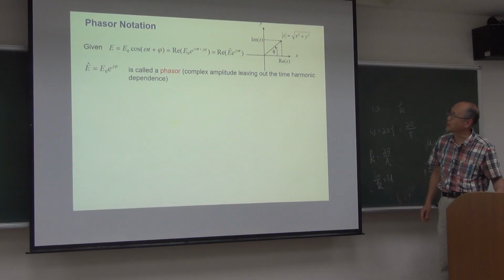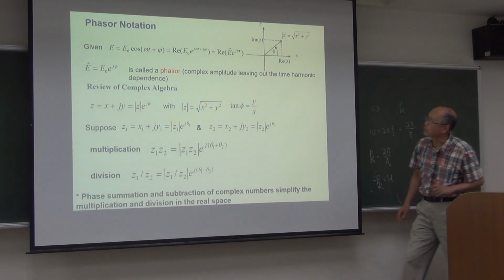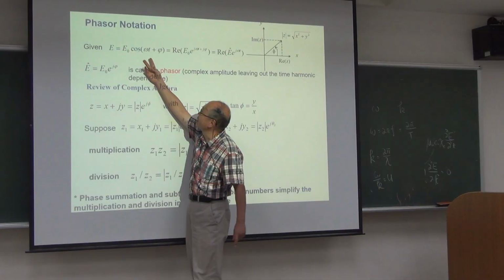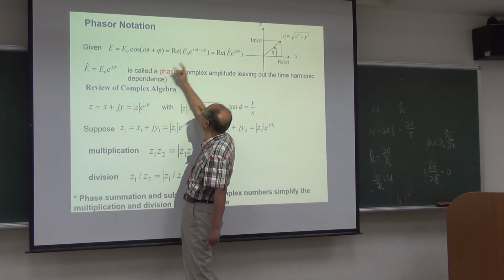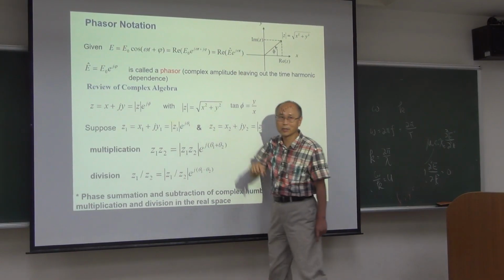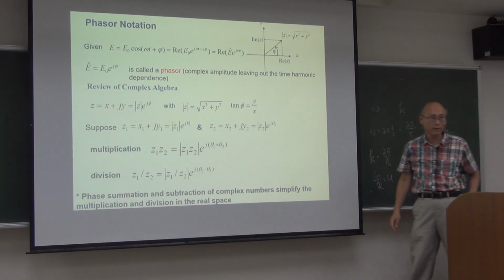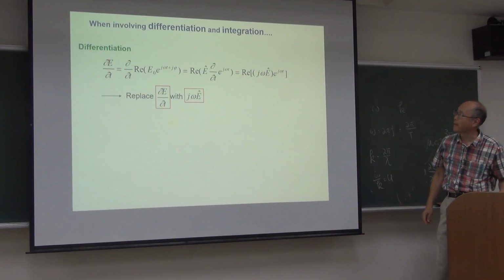We deal with a harmonic wave, and we write the electric field as a function of time and space. And now you take out this temporal part for your calculation.